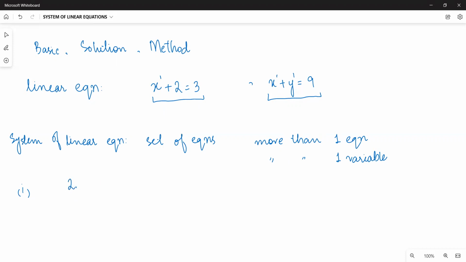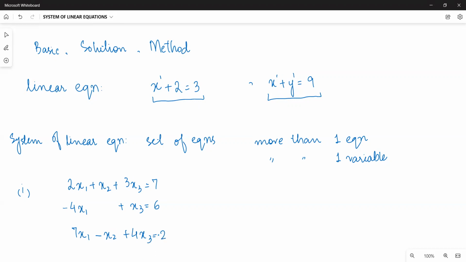So here is an example of a system of linear equations: 2x1 plus x2 plus 3x3 is equals to 7, minus 4x1 plus x3 is equals to 6, 7x1 minus x2 plus 4x3 is equals to 2.